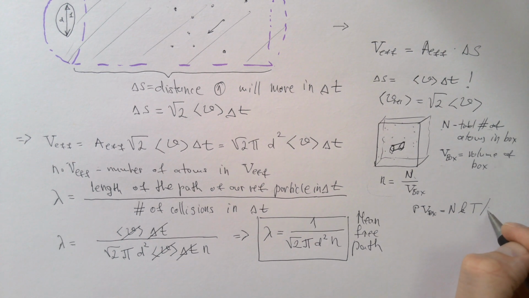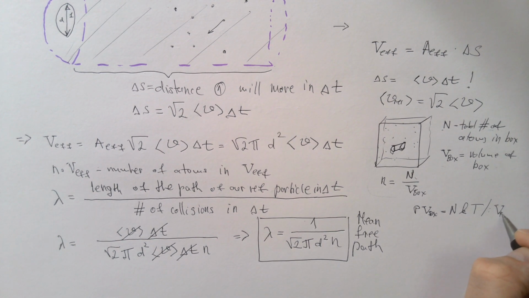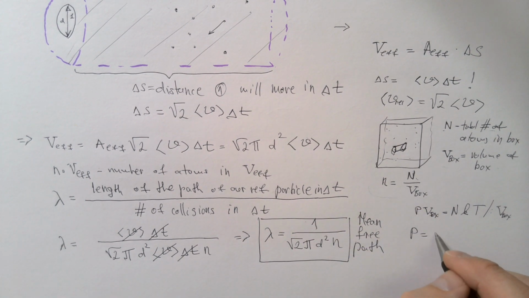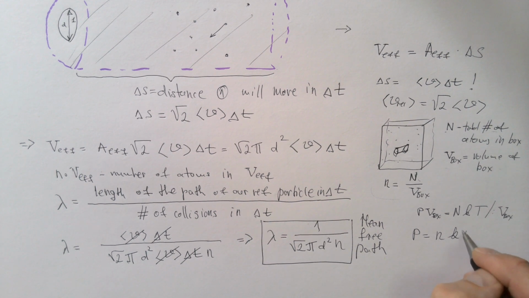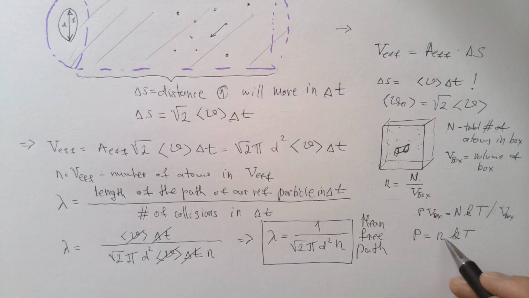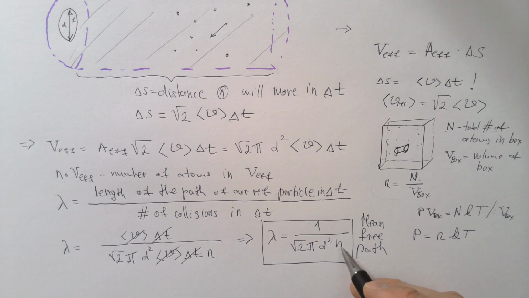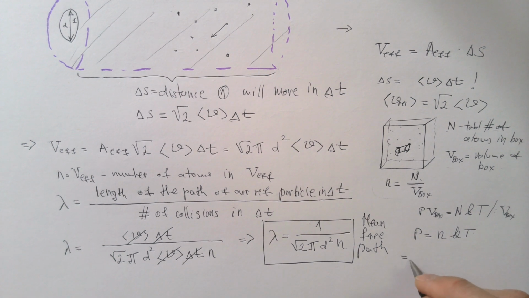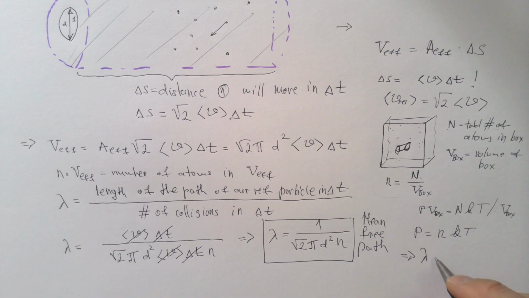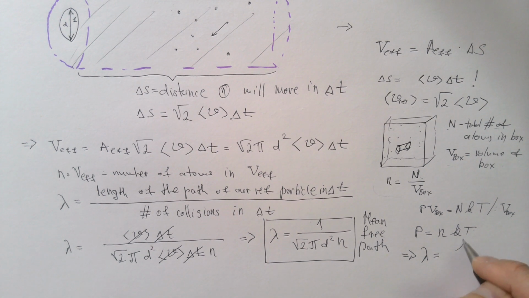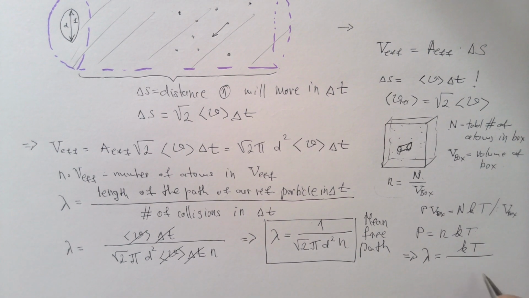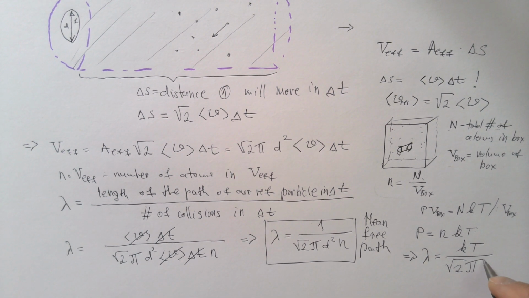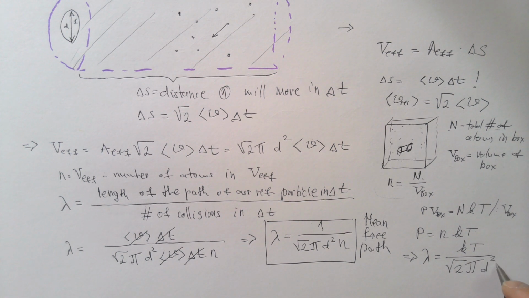So if I divide this equation by V box, notice that I will get that pressure is equal to N divided by V box, which is small n, times k times T. And now instead of n, I can plug in here pressure, Boltzmann constant and T, and I will get that the result is that lambda is equal to k times T divided by square root of 2 pi d squared and times pressure.